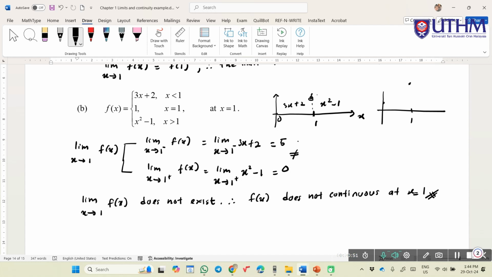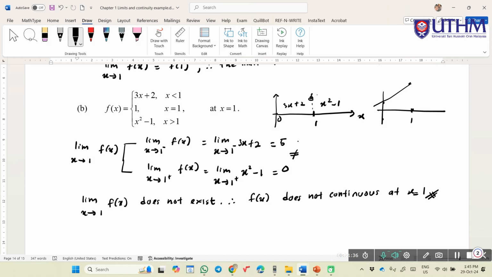Then when x is greater than 1, at 0 we have negative 1. When x is 1, this one is 0. When x is 2. So I think the graph is like this.